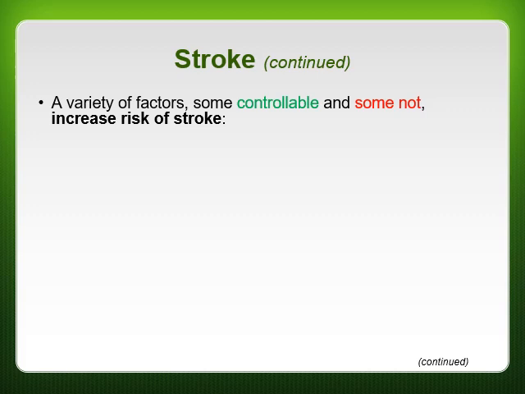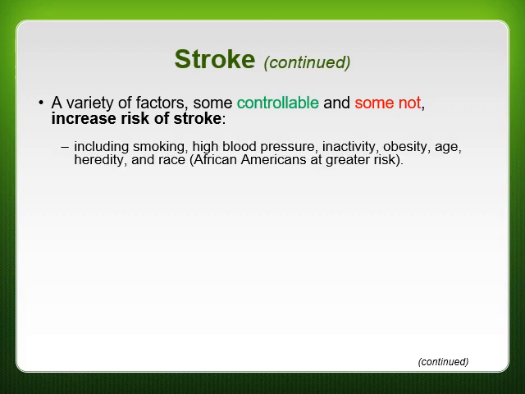So how do they happen? What are some issues when it comes to stroke that we need to be concerned with, maybe from a prevention standpoint? And that's why good health is important. Well, some things are lifestyle related, others are not. But a variety of factors do seem to increase the risk for a stroke. They are as follows: smoking, high blood pressure, inactivity, obesity, age, could be hereditary, so passed down in your genes, and race.